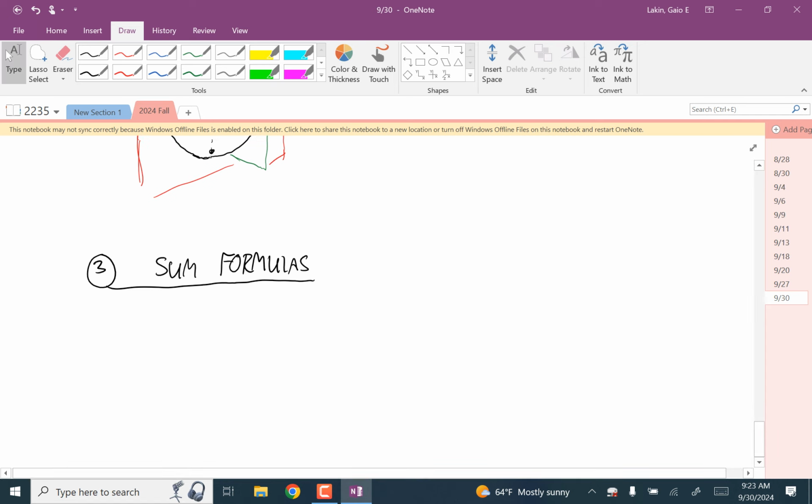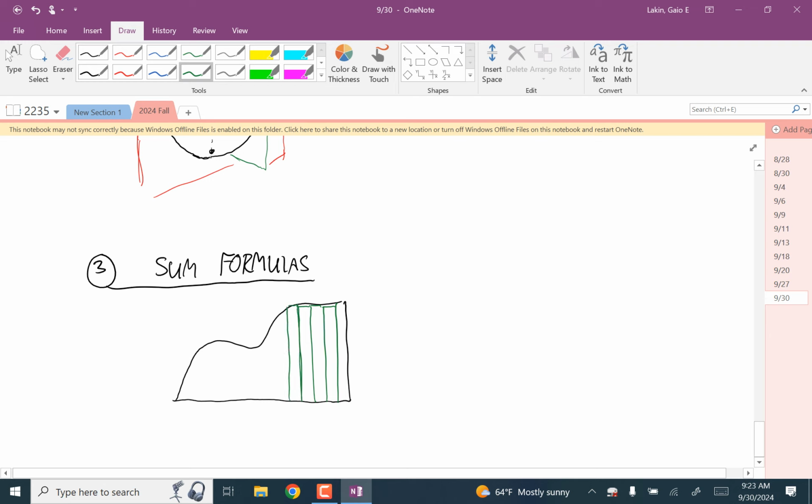So, for example, if we wanted to approximate the centroid of this shape here, we could build that up as a bunch of rectangles, find the centroids of all those rectangles.